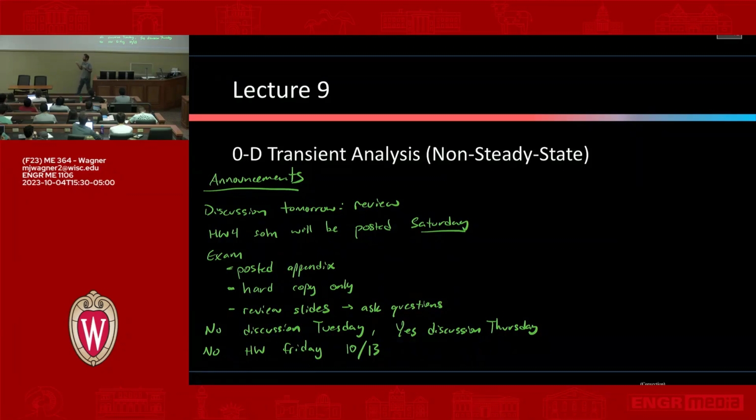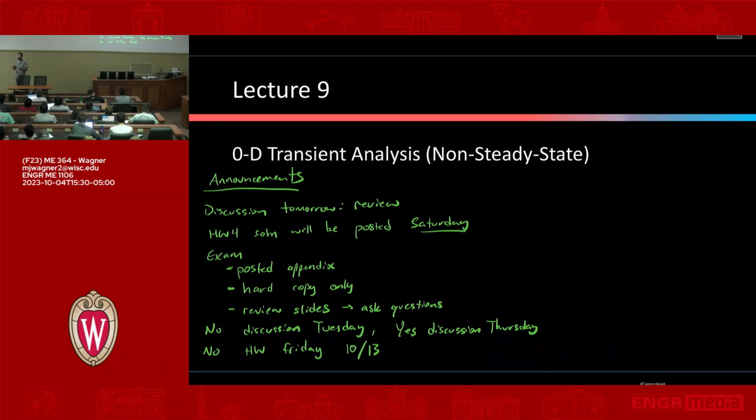Here now we're saying, let's allow our problems to change with time. Let's add that time dimension to our formulation. How does this change our setup, our analysis, and what does it add to the problem-solving requirements?